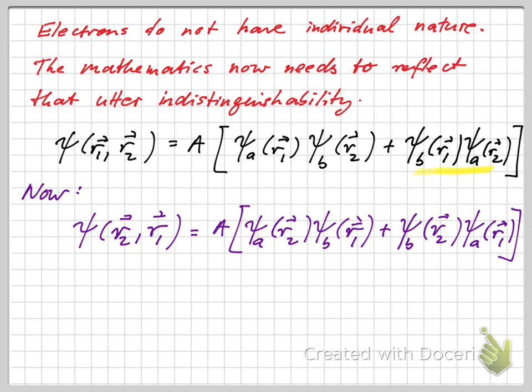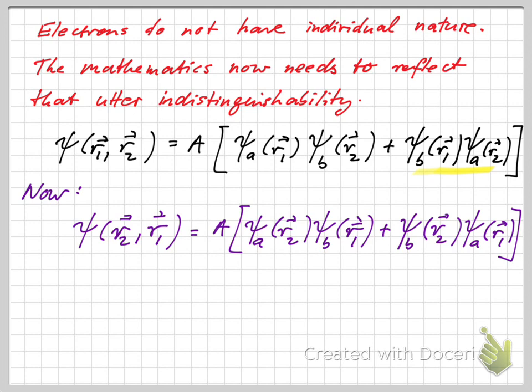Okay, and so you can show that if you switch the locations of the two particles, so if you actually place the first particle at location R2 and the second particle at location R1, so basically, if you look at the line in black ink and the line in purple ink, the difference is the order of the two coordinates, of the two locations.